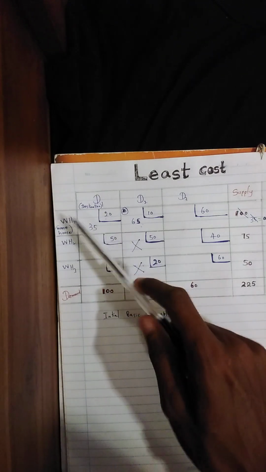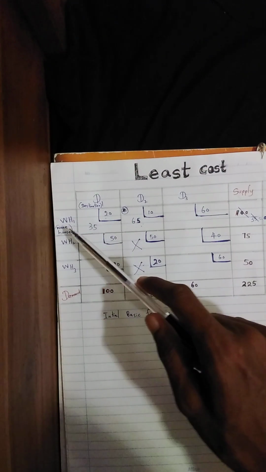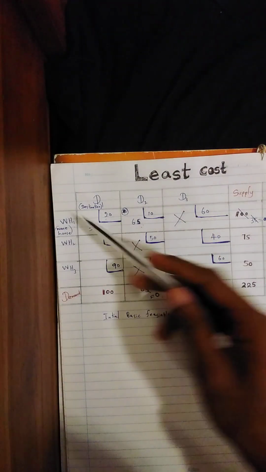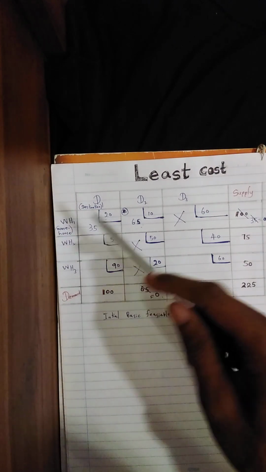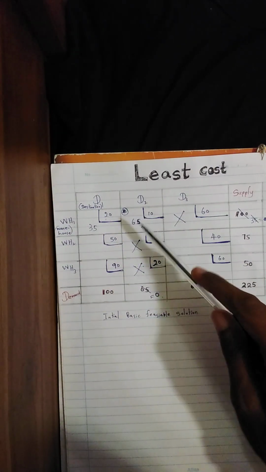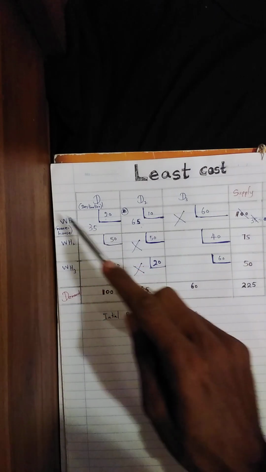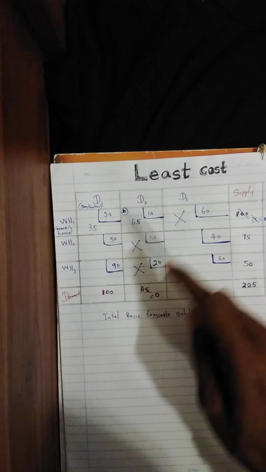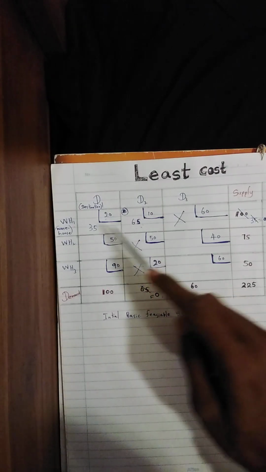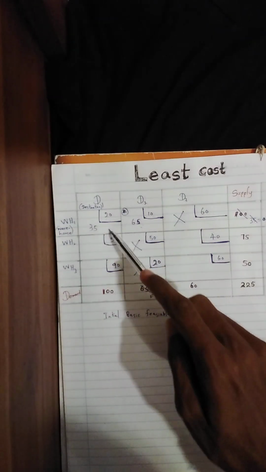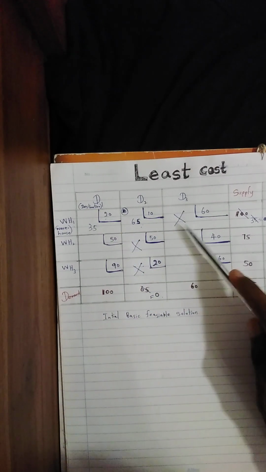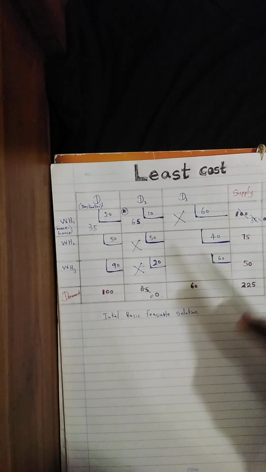Therefore the supply already becomes 0. We can cross this cell because warehouse 1 is unable to provide any products, as it already provided 35 and 65 to destination 1 and destination 2. It means 100 units already provided. Therefore we can cross this cell also.